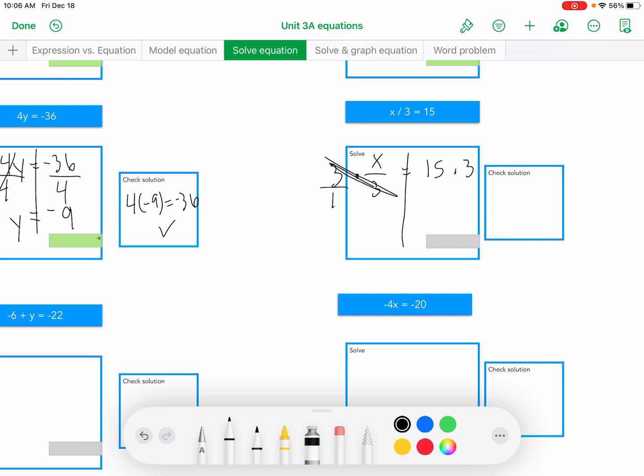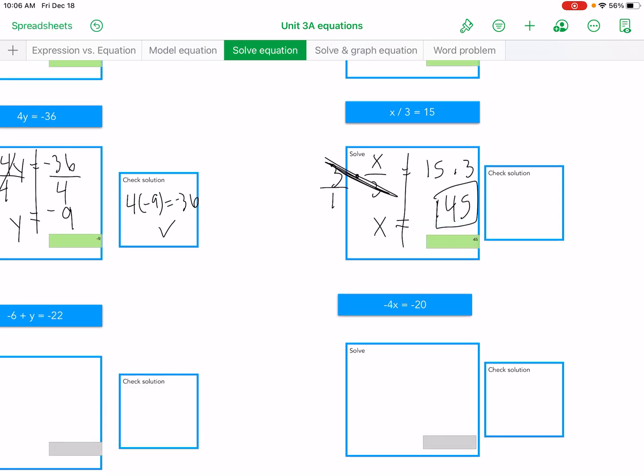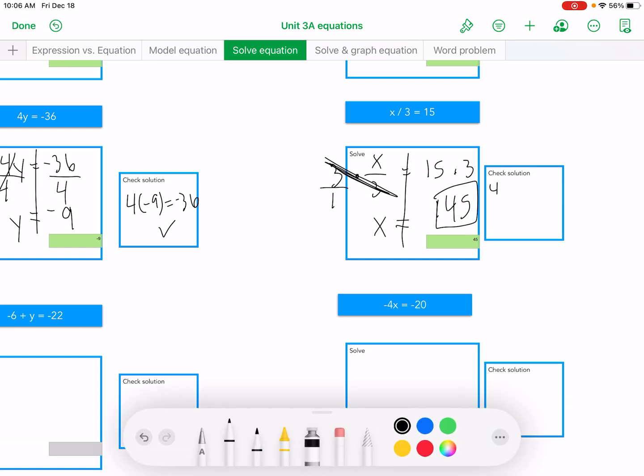You can cross cancel out your 3s and you have one x remaining. You have isolated your variable. 15 times 3 is 45. The value of x, 45, divided by 3 is equal to 15.